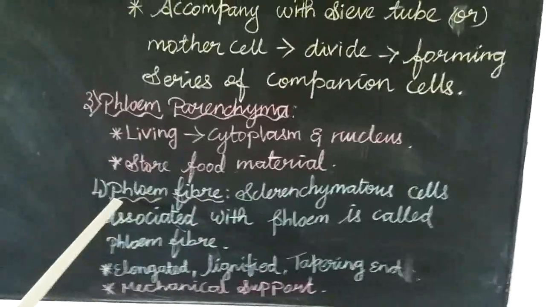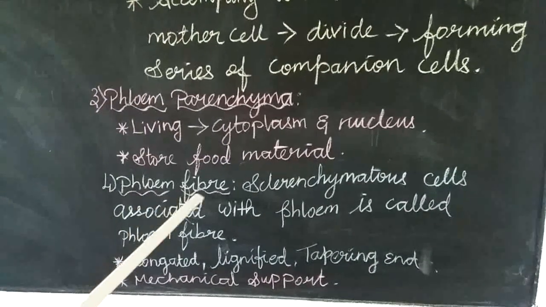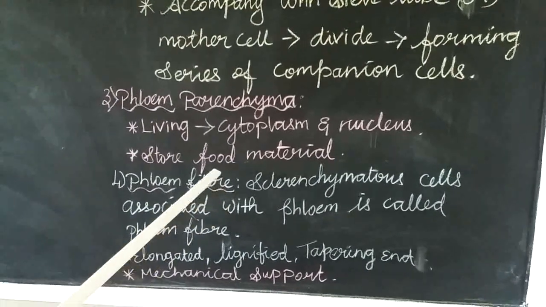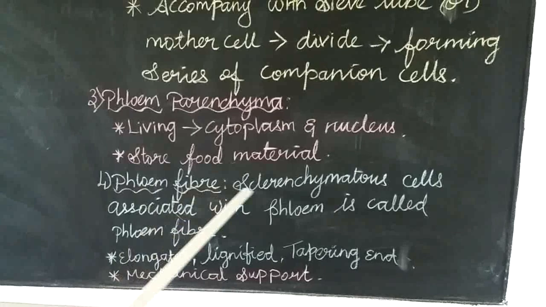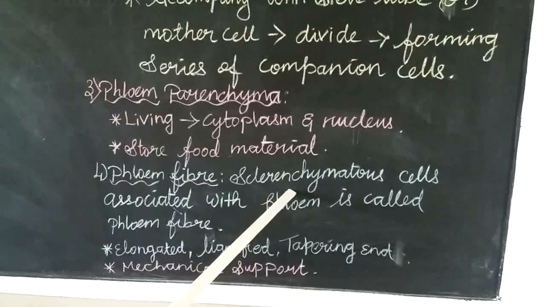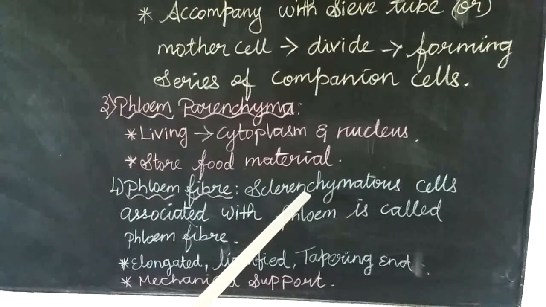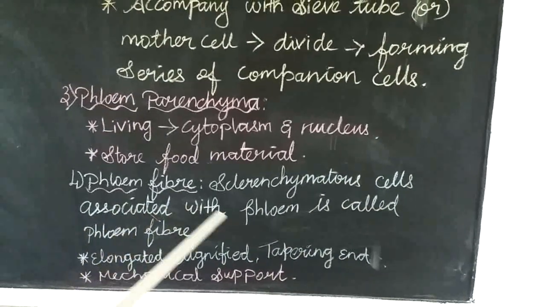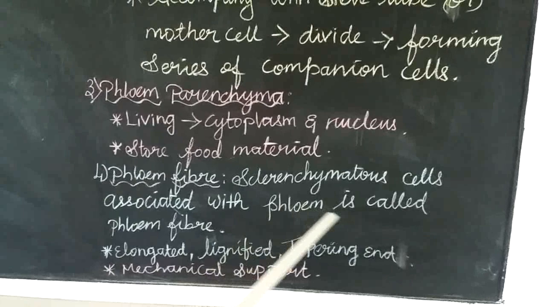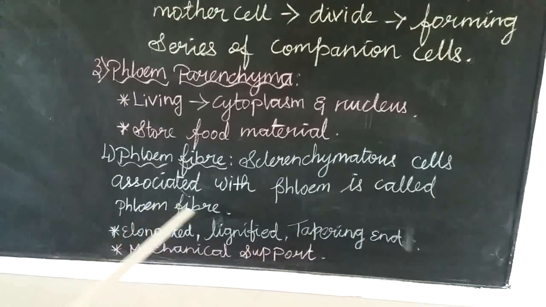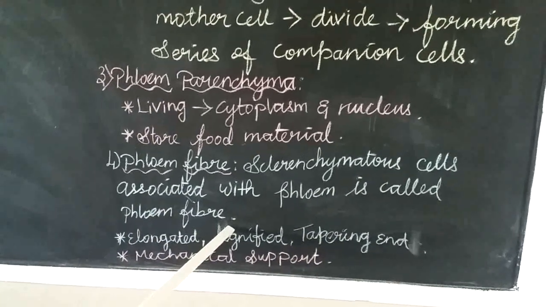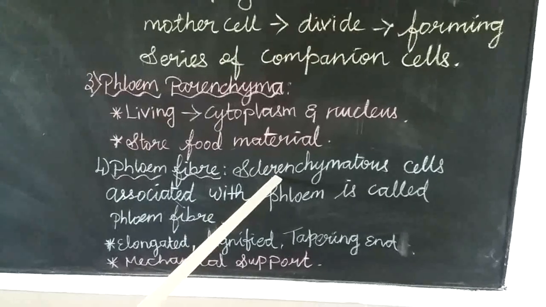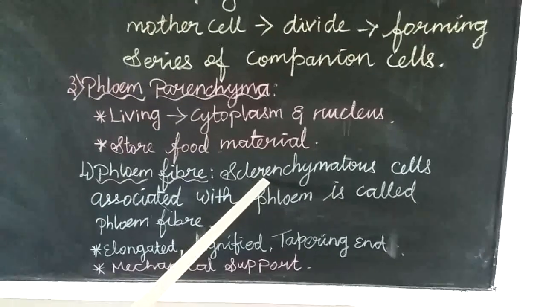The last element is what? Phloem fiber. Fiber comes under the sclerenchymatous cell. So the sclerenchymatous cell associated with the phloem is called phloem fiber. Do you remember the two types of sclerenchyma? Fiber and sclereid.